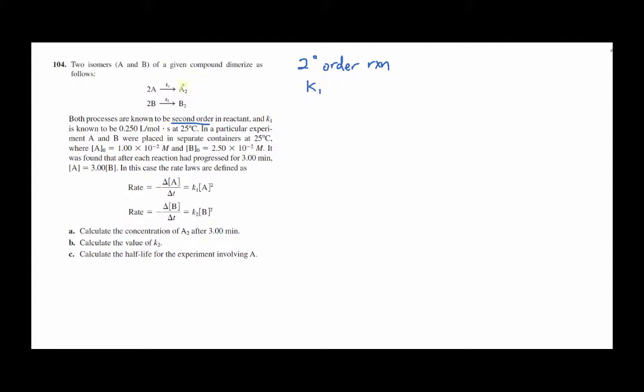K1, our first reaction, has 0.250 liter per mole per second, and we have temperature 25 Celsius, and we have the initial concentration of A, 1.00 times 10 to the negative second molar, and then we have initial concentration of B, 2.50 times 10 to the negative 2 molar.